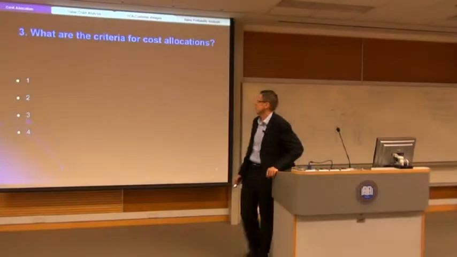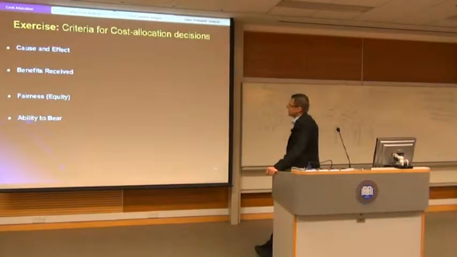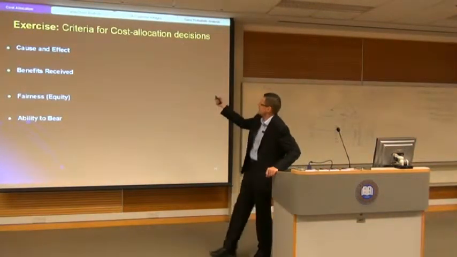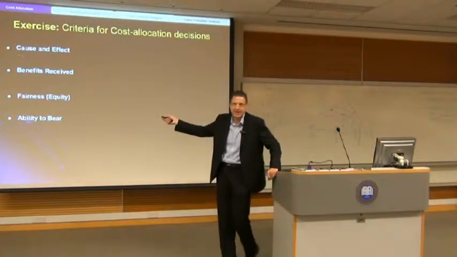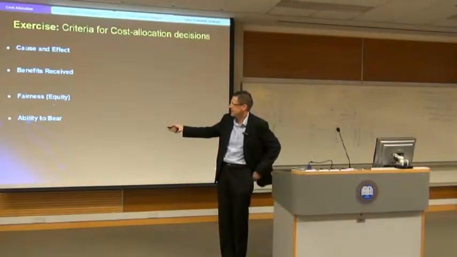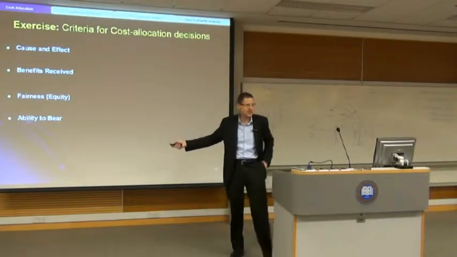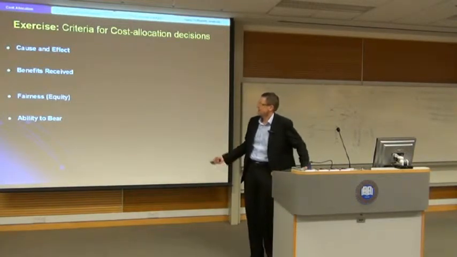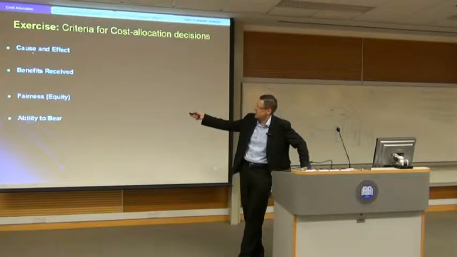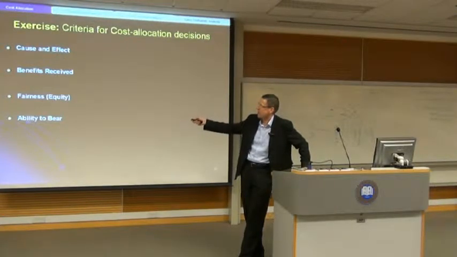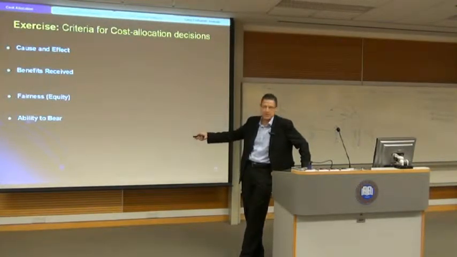So here's your job. You have these criteria for cost allocation: cause and effect, benefits received, fairness, and ability to bear. Each of these is a different criterion for why we may allocate costs.